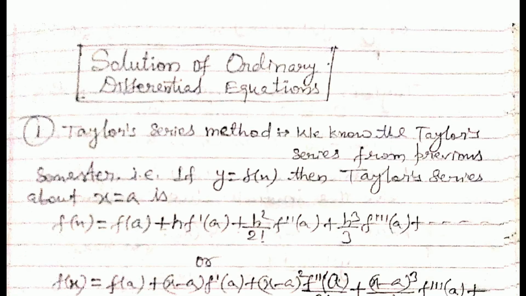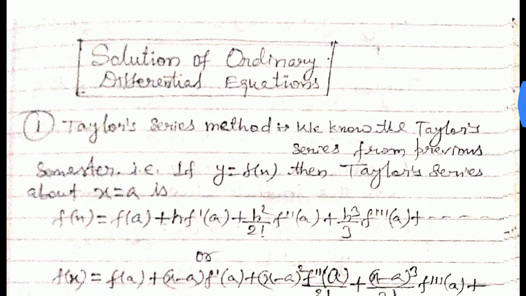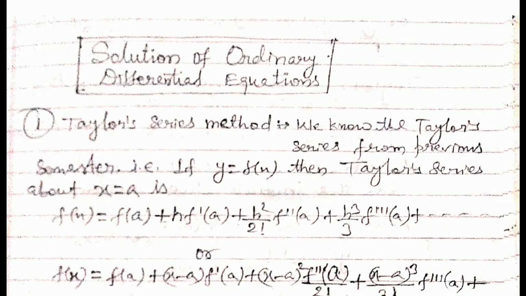There are many methods in numerical methods by which we solve given ordinary differential equations, like the Taylor series method, Euler's modified method, etc. So we start from the Taylor series method.